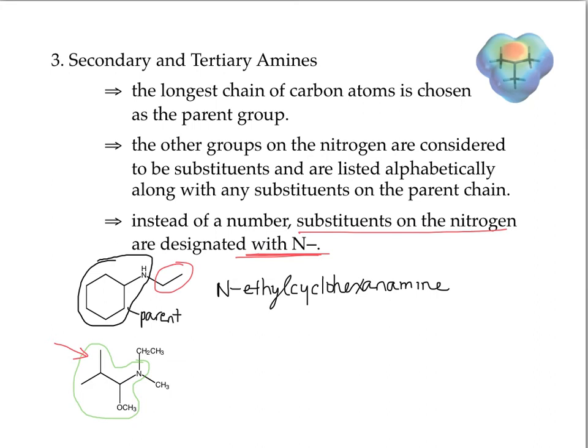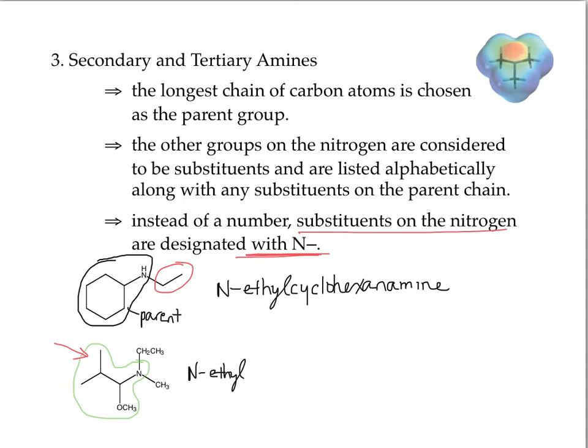So let's see if we can get this named. The substituents are methyls, ethyl, and methoxy. So ethyl is going to come first. It's an ethyl substituent on the nitrogen, so N-ethyl.